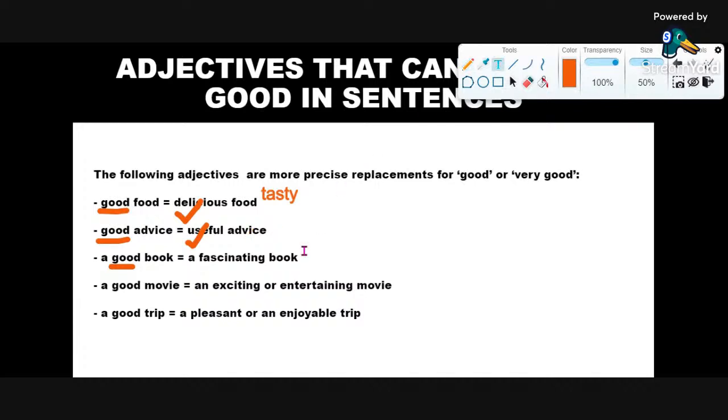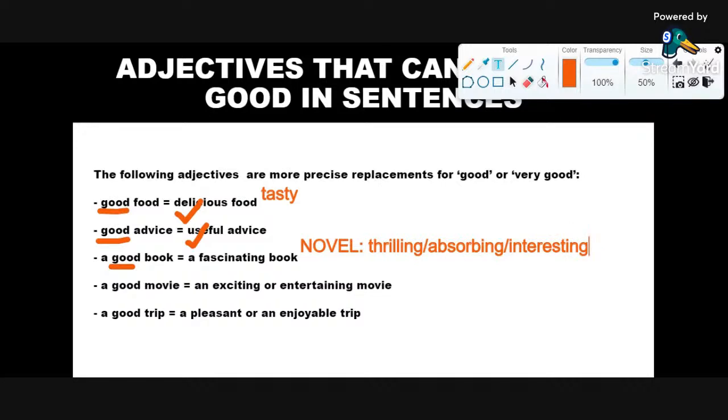Let's say you are describing a novel, which is a type of book, right? So if you are describing a novel, yes, you can describe the novel as fascinating, but you can also describe the novel as thrilling. You can describe it as absorbing, and you can also describe it as interesting.